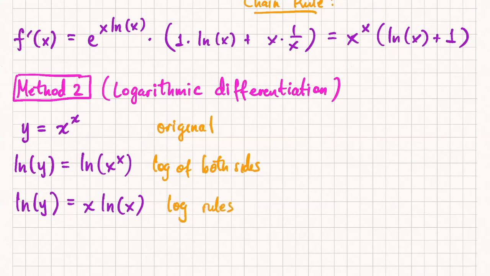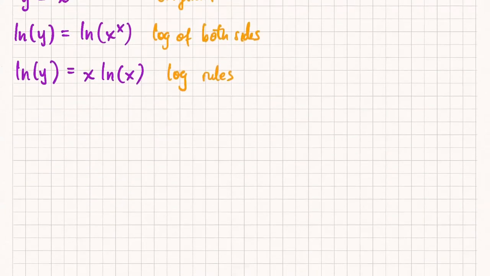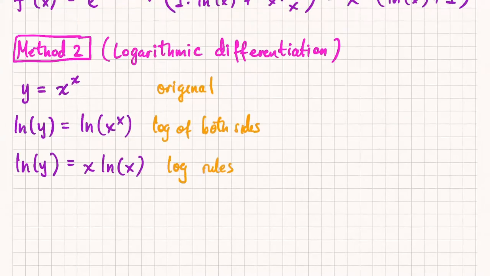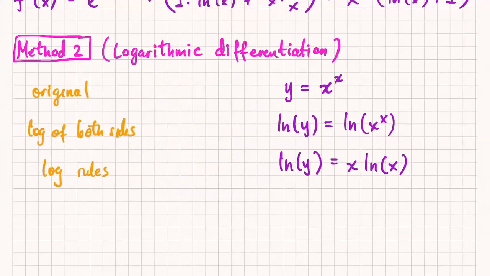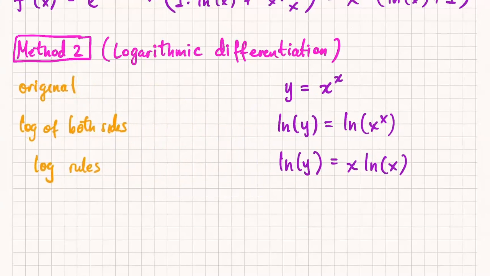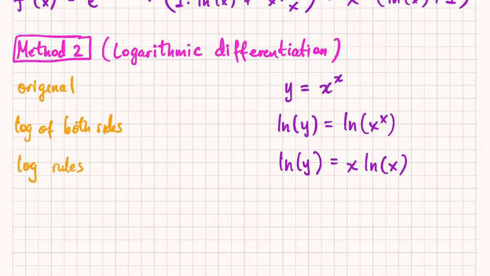And now I differentiate, right? Now I use implicit differentiation. Actually, it's easier if I put the explanation on the left-hand side. So on the next line, we're going to use implicit differentiation.